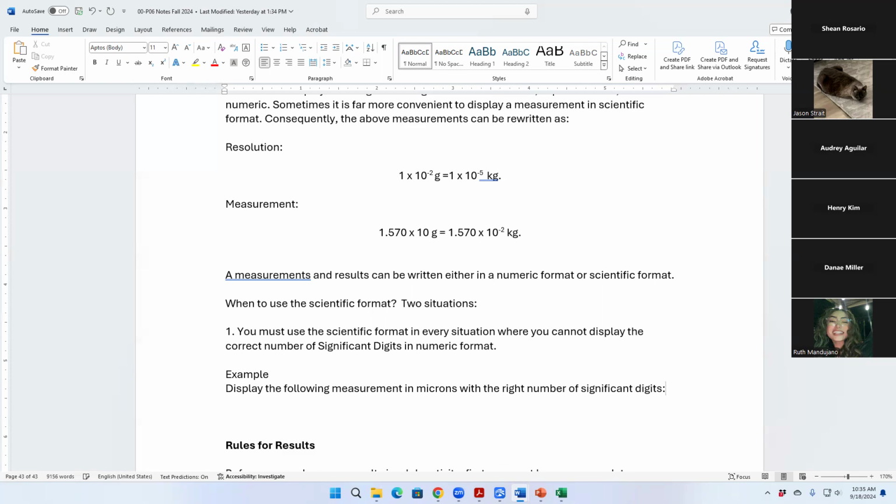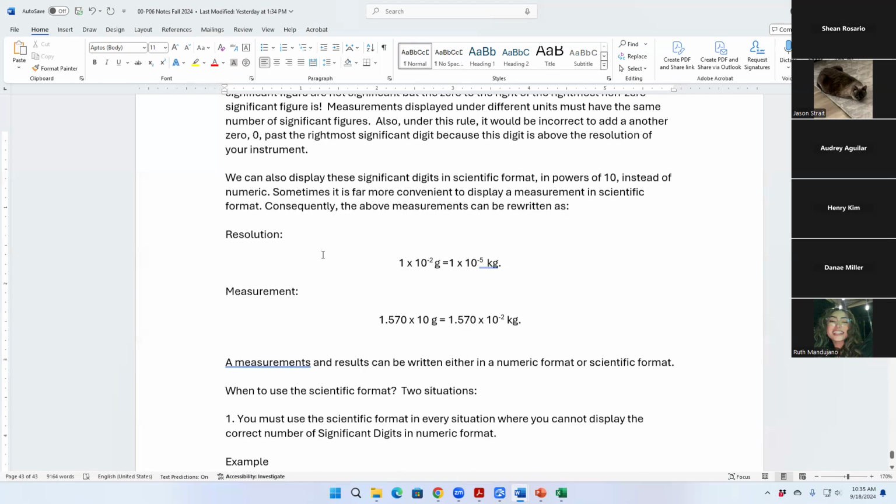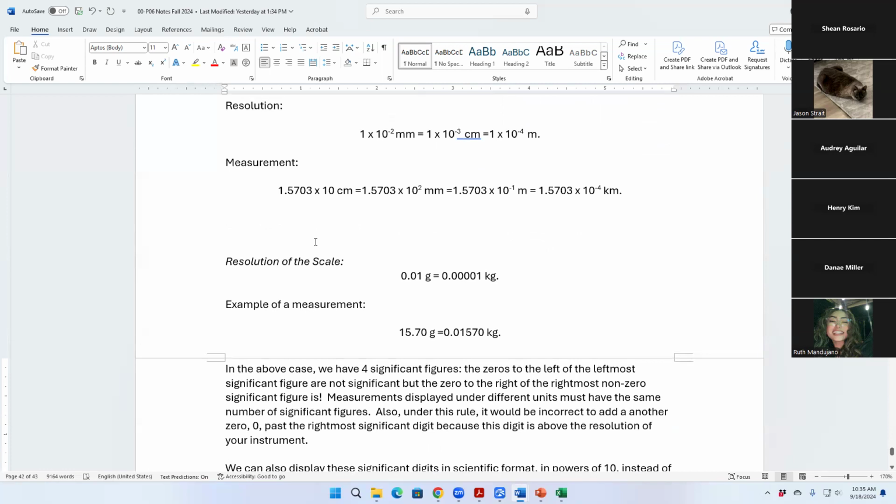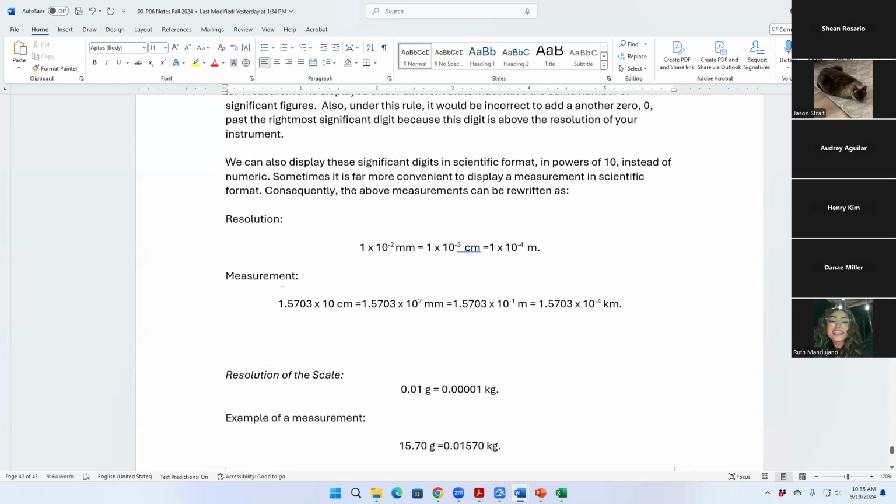You cannot display the correct amount in numeric format. And here I'm going to show you, this is an example where you have to use the scientific format. This one here.